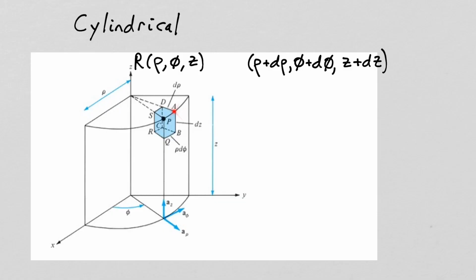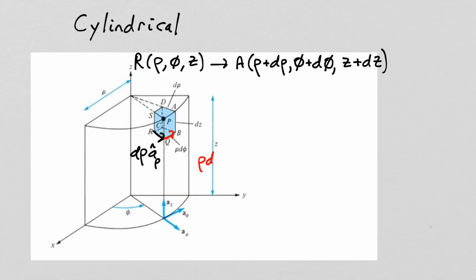When rho changes by a differential amount, we will trace out this vector pointing from R to Q. Its length will be d rho, and it will be in the rho direction. Now when phi changes from phi to phi plus d phi, we will sweep out this arc, and that arc will be of length rho d phi in the phi direction.